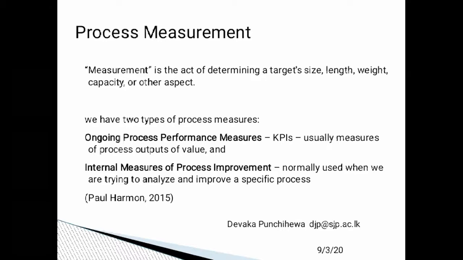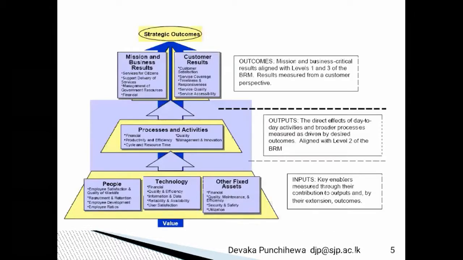We should be in a position to measure it. Then we have internal measures of process improvement, normally used when we are trying to analyze and improve specific processes. These are the two measurements when it comes to the process, by Paul Harmon in 2015.